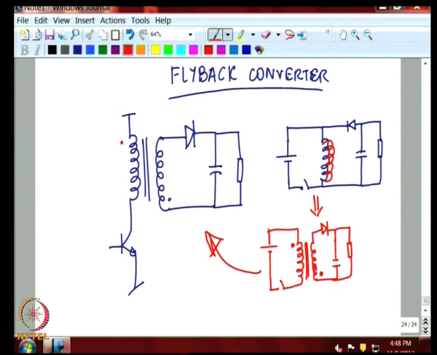So, what you essentially do is you do a design exactly like you would for a non-isolated buck boost.